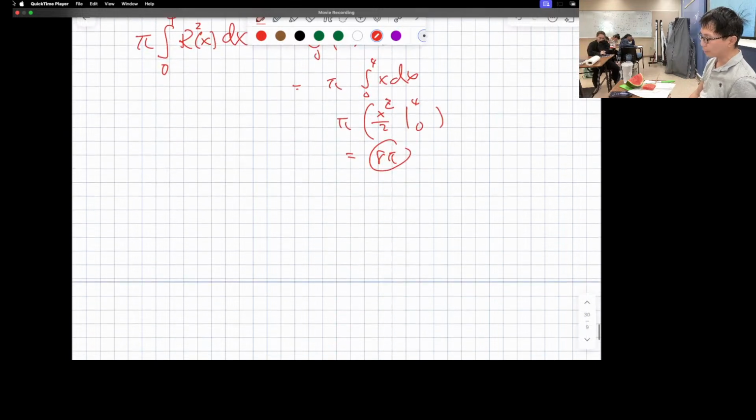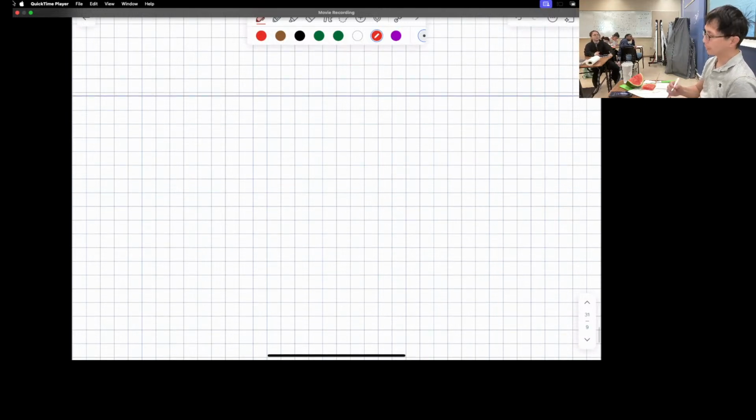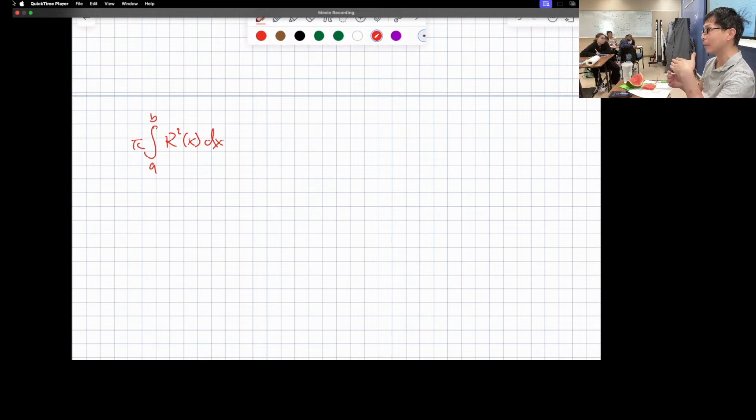So let me give you a general formula for disk. A disk, in general, is going to be pi integral from a to b of r squared of x dx. The r of x is defined from the center of rotation, from the axis of rotation, to the boundary.